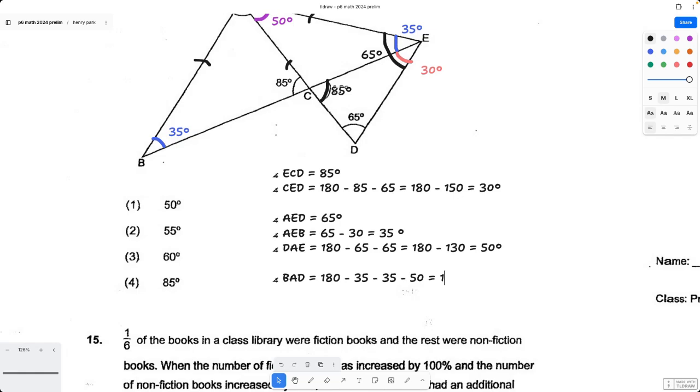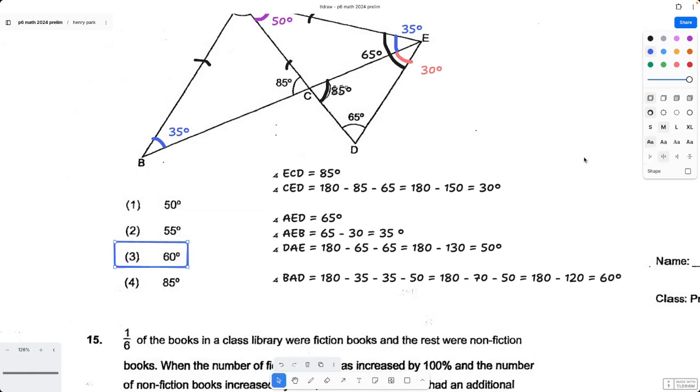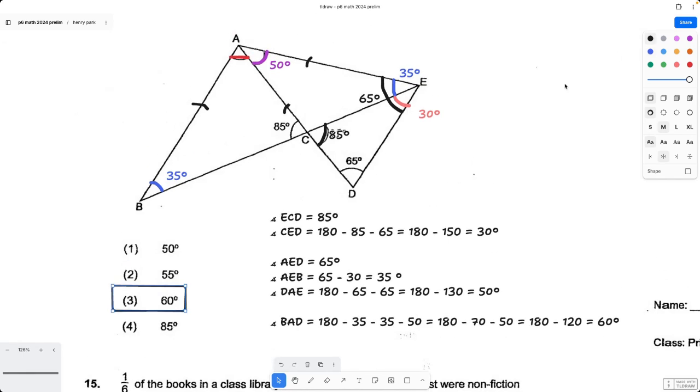So it's 180 minus 70 minus 50, which is 180 minus 120, which is 60 degrees over here. So the answer to this is option number 3. Whew, that's very long for this, but yeah, there you go.